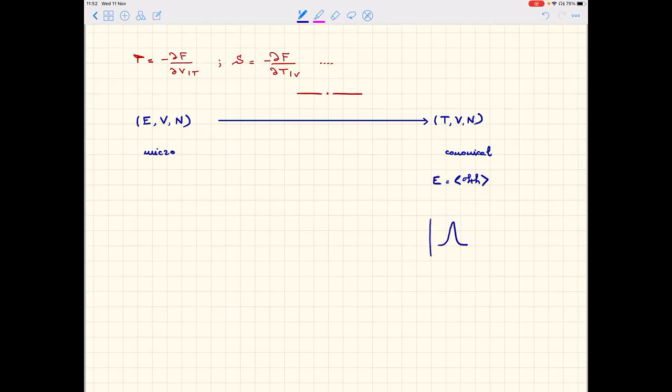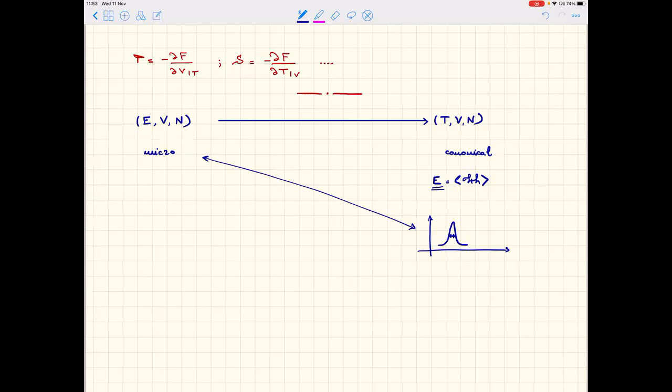Now, if I prove that this probability distribution in the thermodynamic limit becomes extremely narrow and goes towards a delta function, in other words, it's strongly peaked around the average energy with negligible fluctuations, then it's evident that the microcanonical and the canonical ensemble in this limit are equivalent, right?